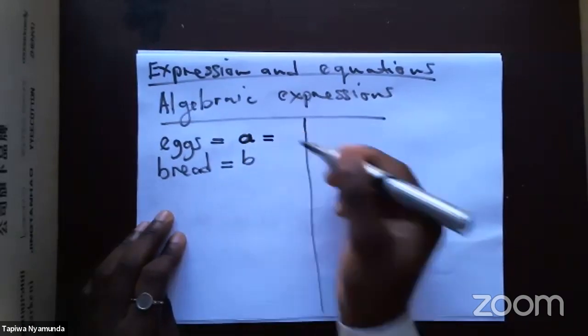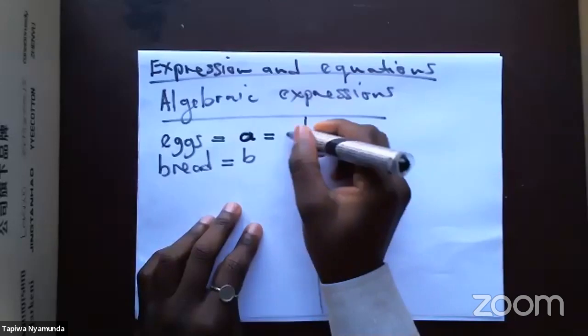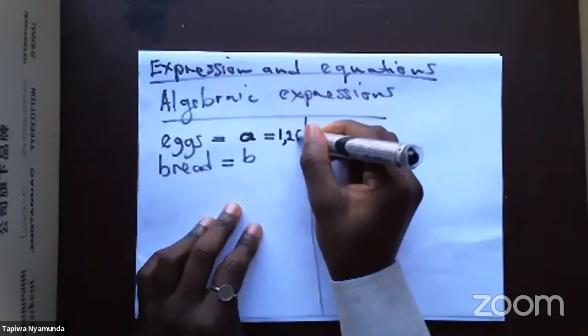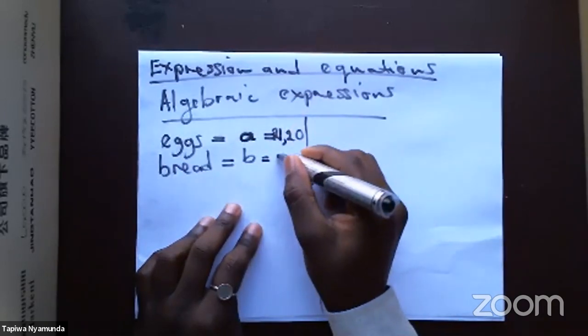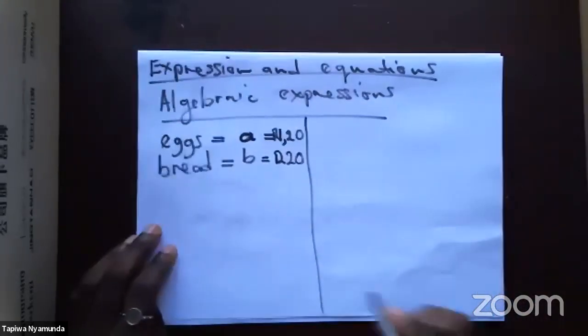Let's take, for example, A being equal to 1.2 rand, and B, let's take it to be 20 rand. So you have these values.